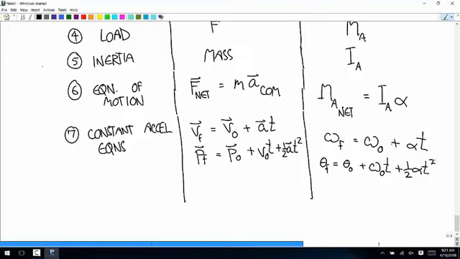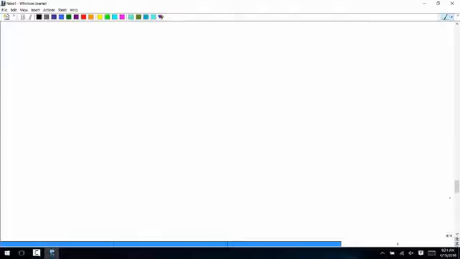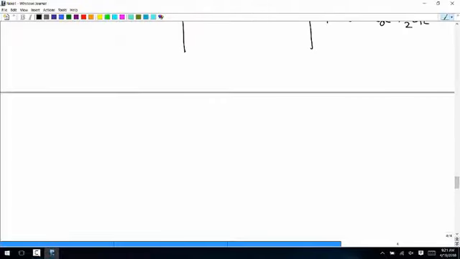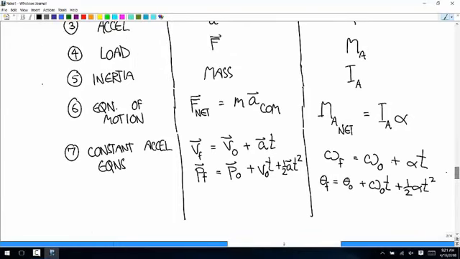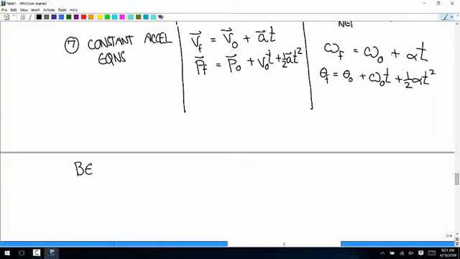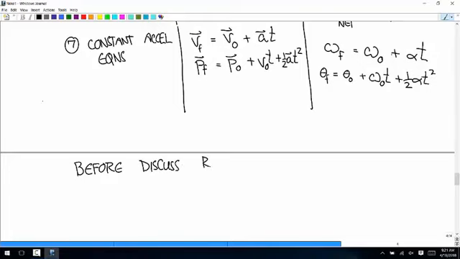Okay, so before we discuss rotational Newton's second law, we need to define these two things that I've mentioned, but only sort of loosely.